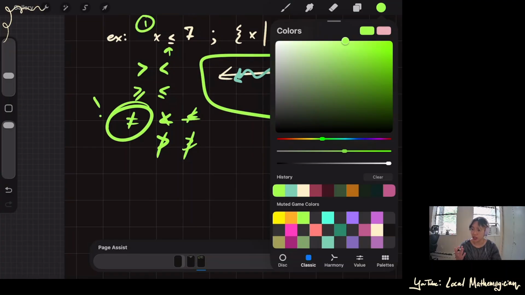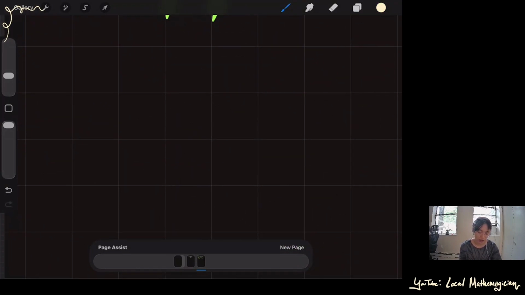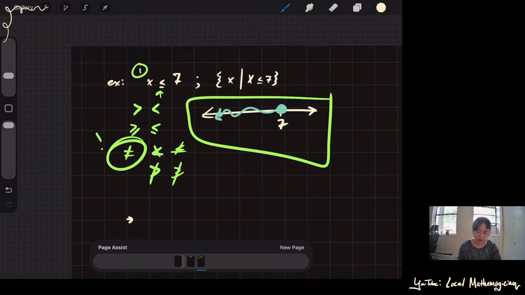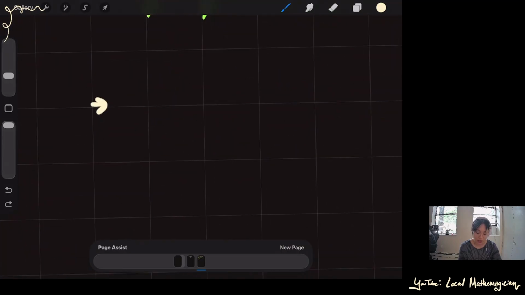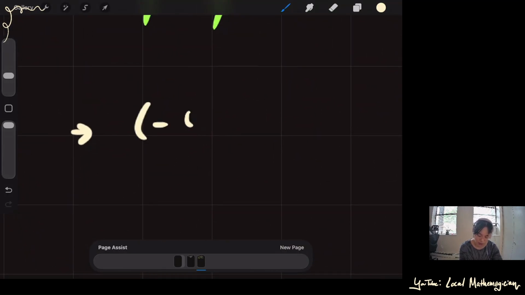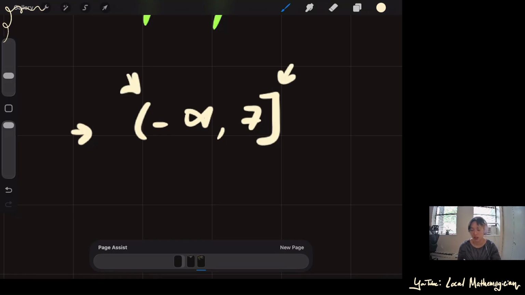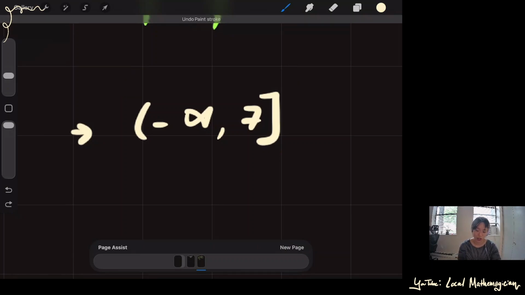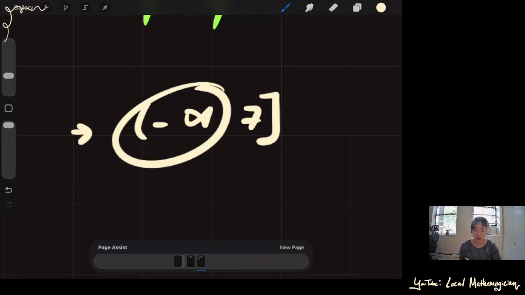Let's review interval notation as well. For interval notation, this will be written as x is less than or equal to 7, so negative infinity to 7 inclusive. You should know what this means, you should know the difference, and you should know what to use for the positive and negative infinities.